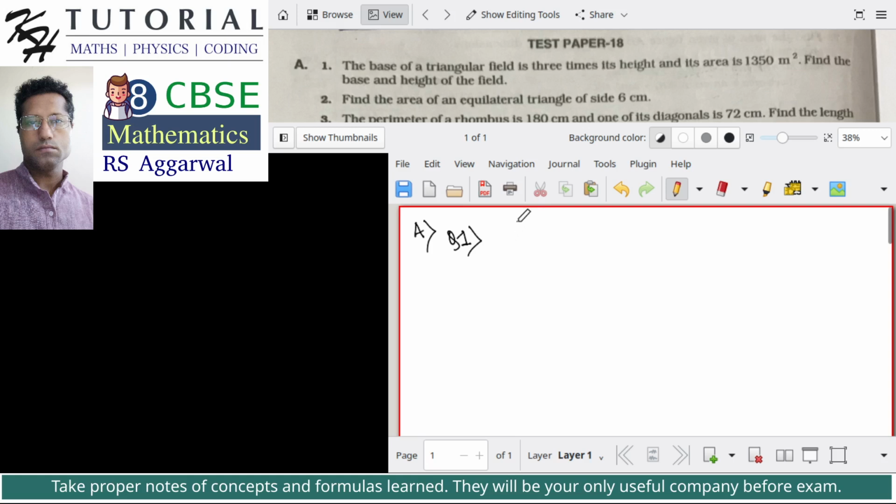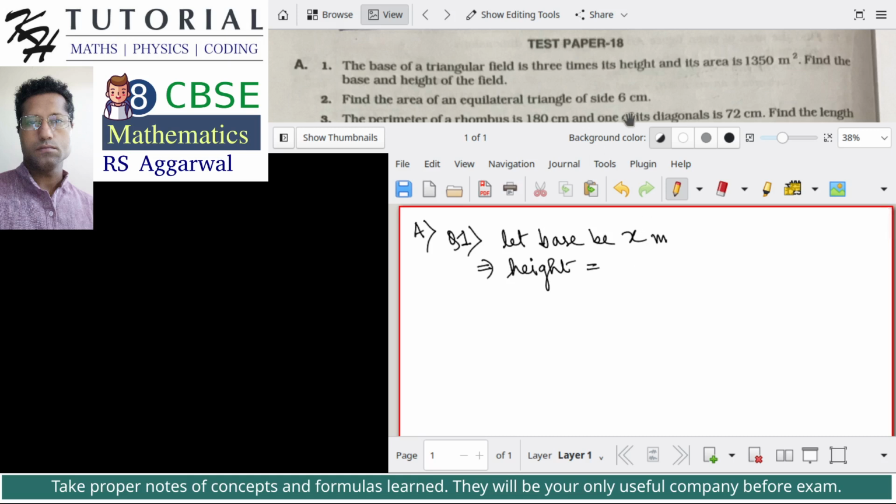So let base be x meter, since the unit of area is given in meter square. So this will imply height will be equal to, it is given the base of a triangular field is 3 times the height.